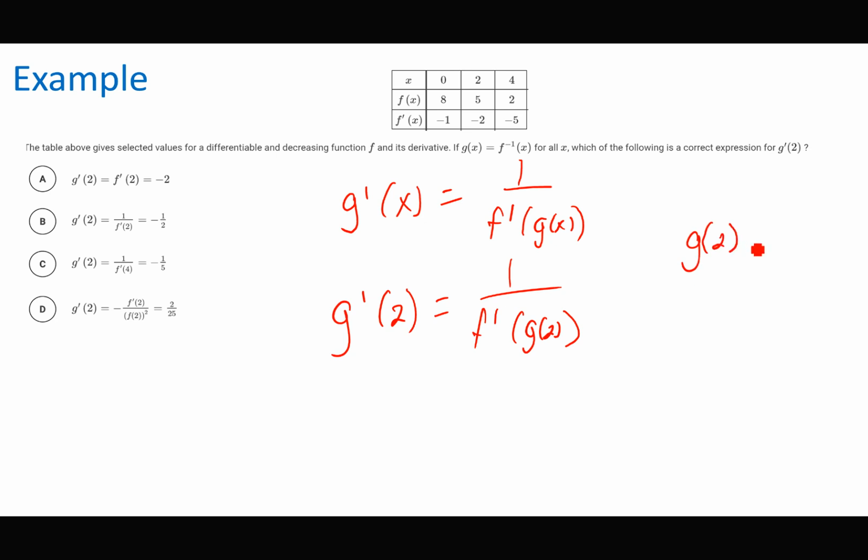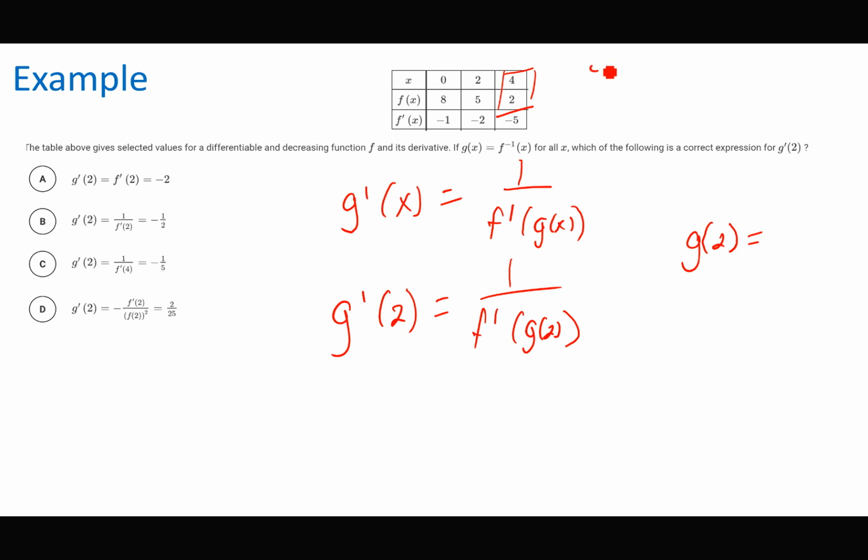What is g of 2? It's 4. Do we understand why it's 4? Because if we were looking up here, if I had some coordinate, let's work right here.